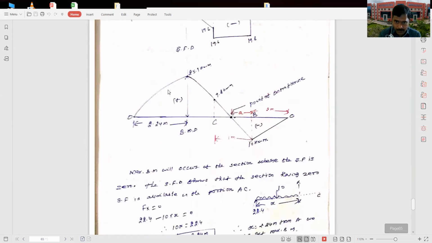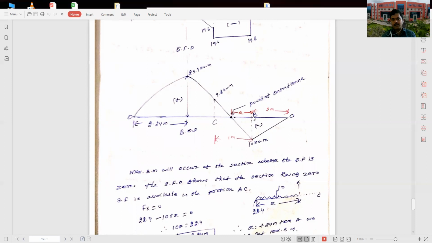Therefore, from plus 9.6 at the point C, this value is reduced to minus 10 kilonewton meter at point B. Therefore, somewhere the bending moment value is 0 here. That point is called the point of contraflexure.